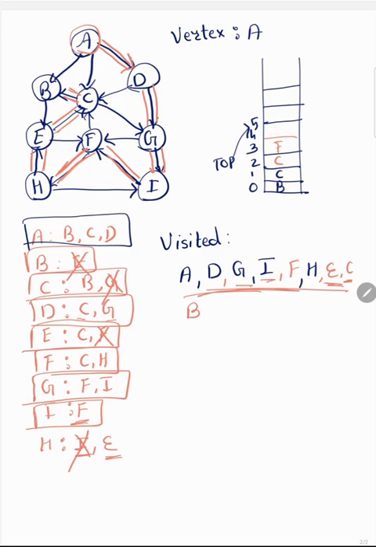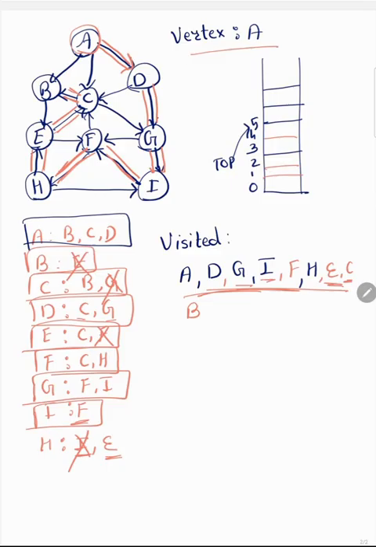Simply pop it out, no need to mark it as visited because it's already visited. Then F, simply pop it out. Then C, that is also available, pop it out. Again C, pop it out, and B, pop it out.